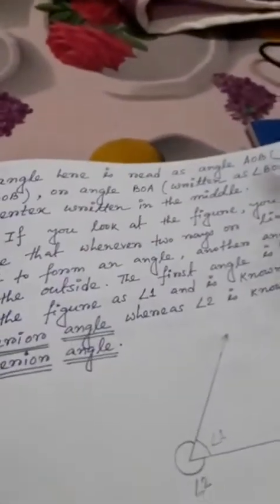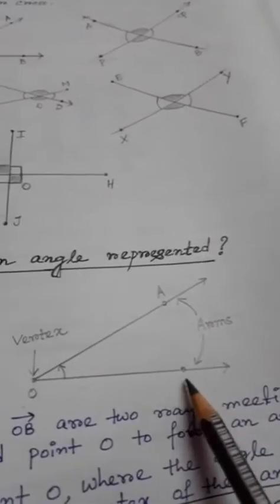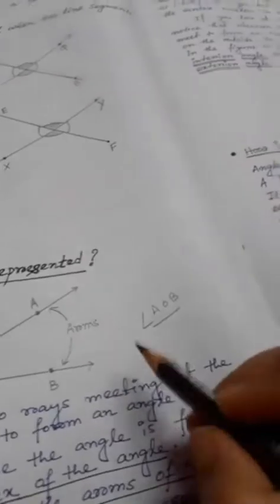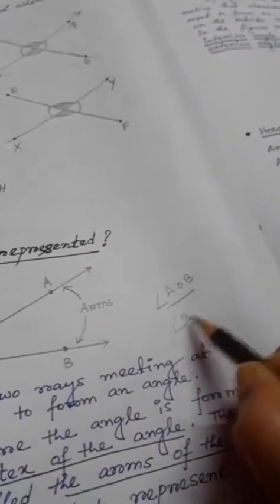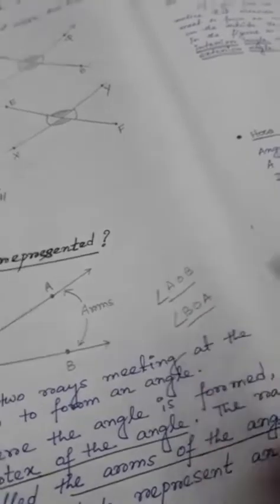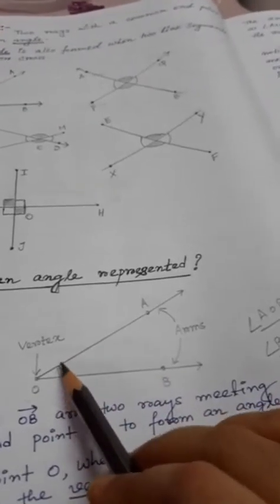Or you can also say BOA. If you want, you can say angle BOA. Both are correct. Both are showing the same angle, this angle.